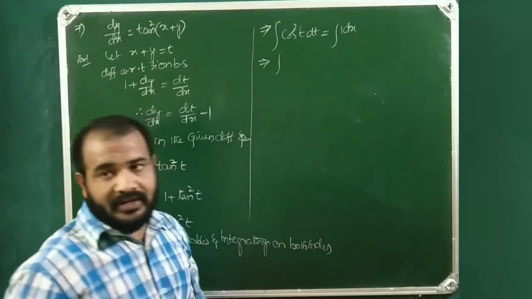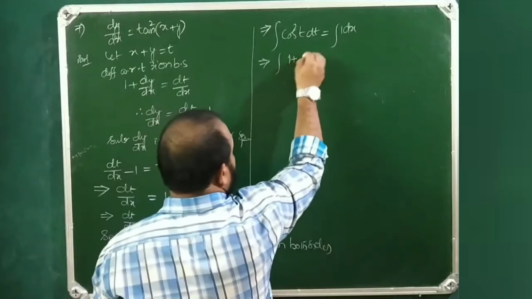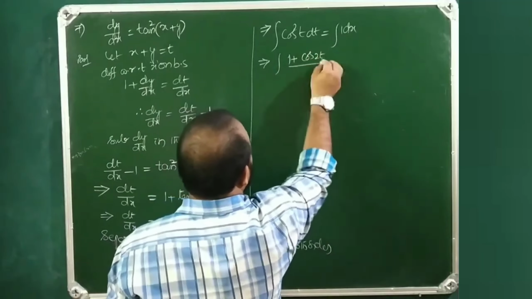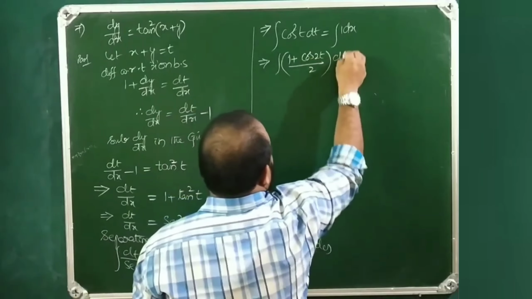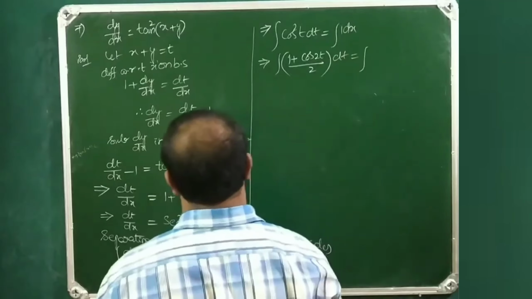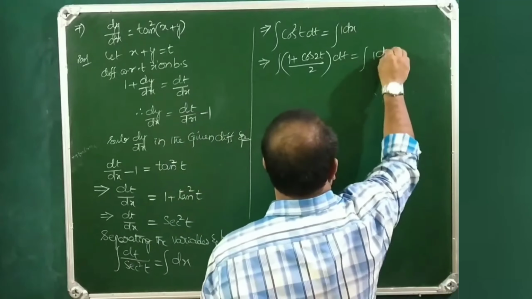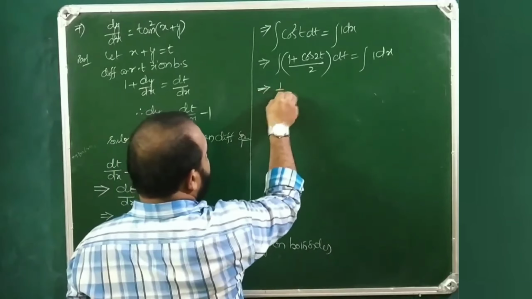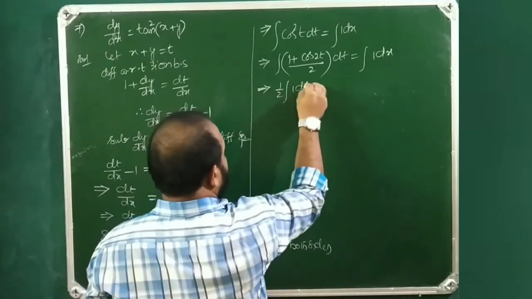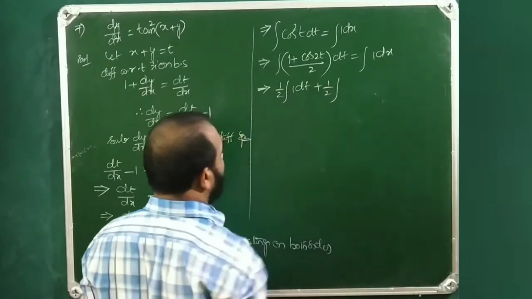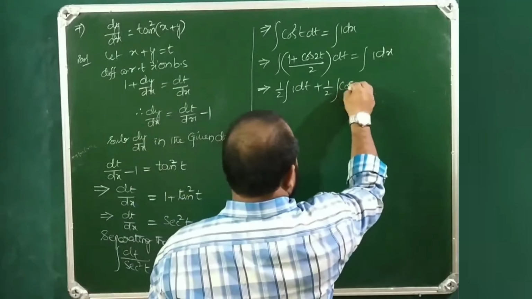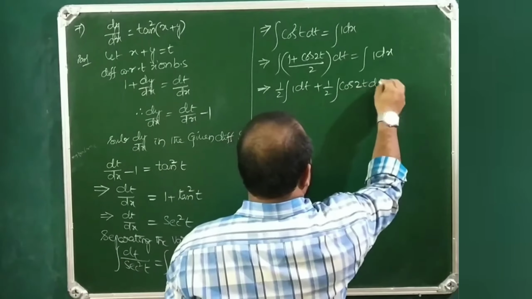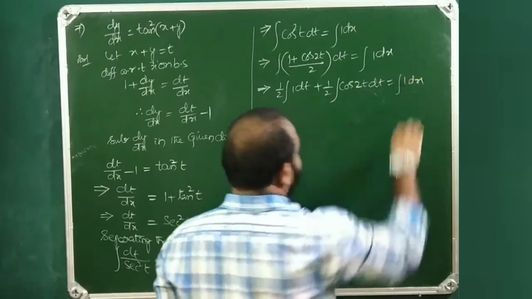Cos square t can be written as 1 plus cos 2t by 2 dt is equals to 1 dx. This is equals to 1 by 2 integral 1 dt plus 1 by 2 integral cos 2t dt is equals to 1 dx.